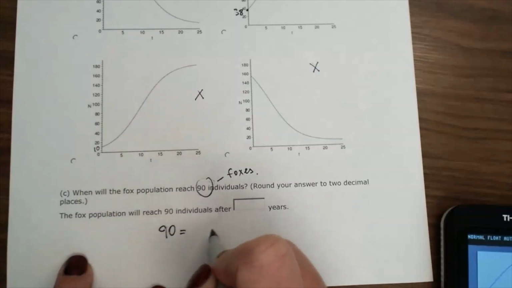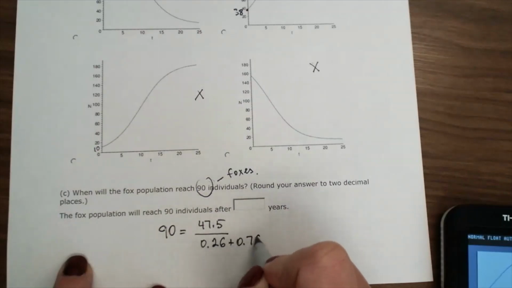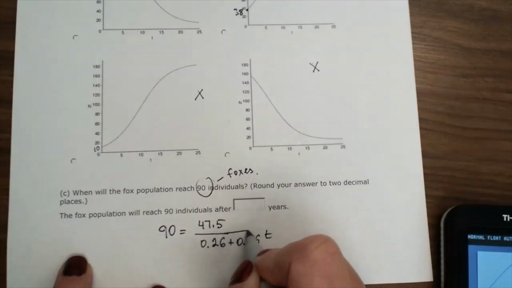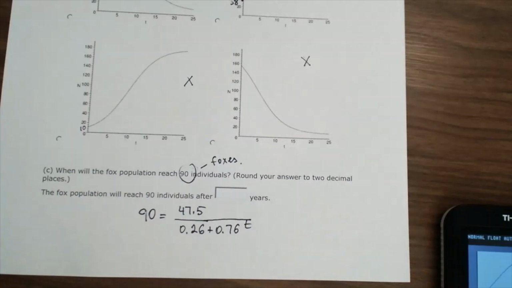90 equal to 47.5 divided by 0.26 plus 0.76 to the power t. And we are not going to solve this equation by hand. We will use our calculator.